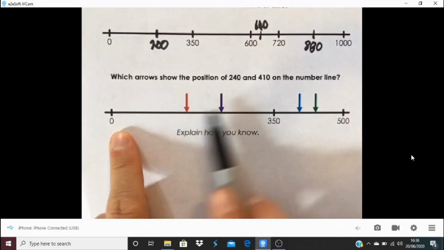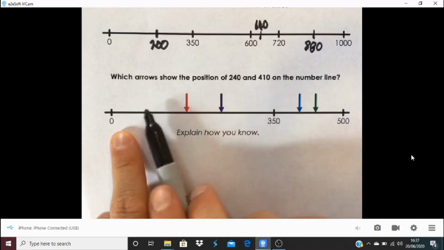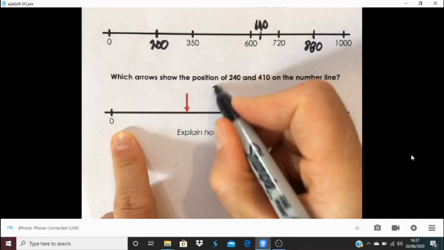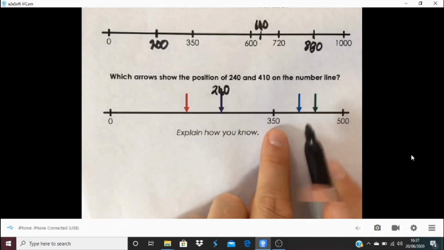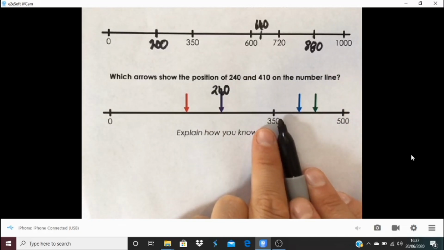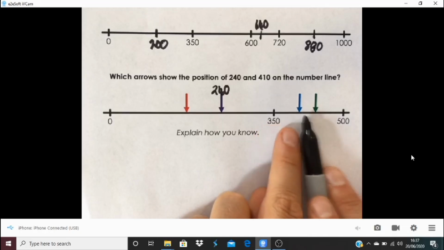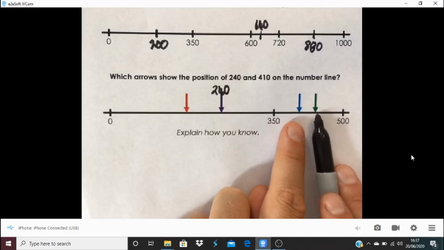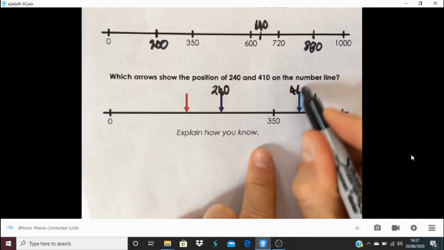So 240 to 350, it's another 110 to get to 350. So it'll be most way along. So 240 will be right there. And then 410, again I was thinking 350 to 410, that's 60. And then it'd be another 90 to get to 500. So it'll be less than halfway. So I went 410 as the blue arrow.